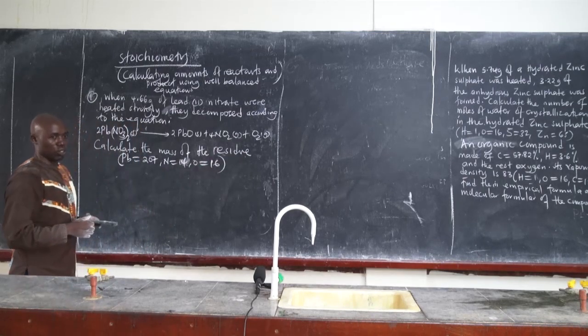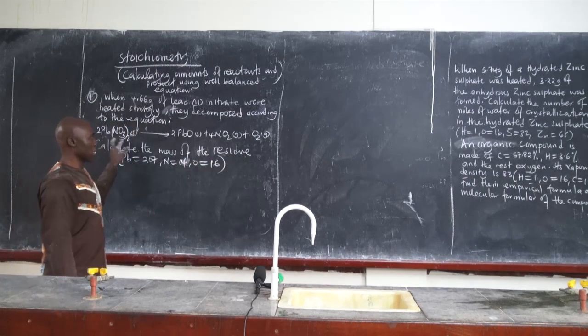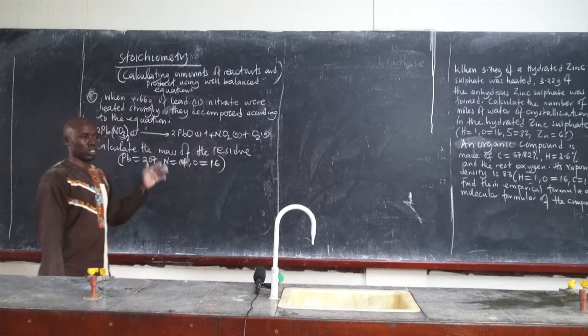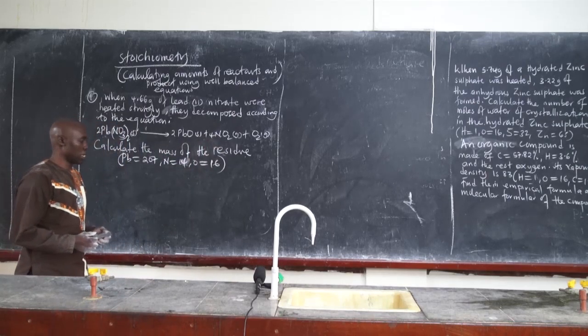Now the question goes, we are going to relate reactants to the products using this equation, then we calculate for the masses.